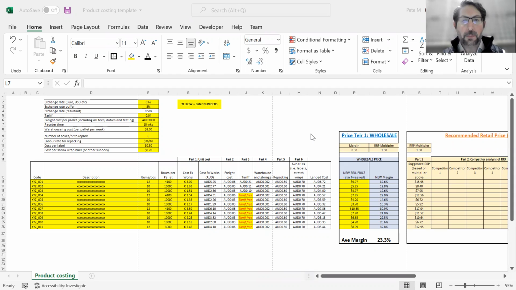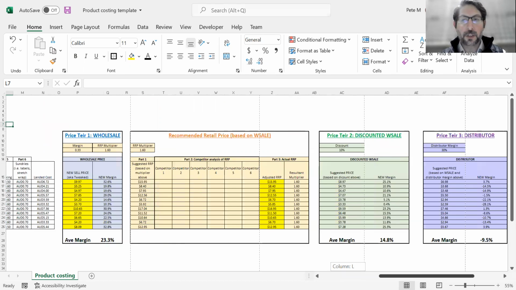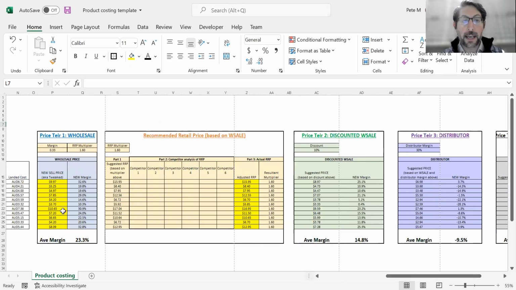So we know there's a couple of different parts of the spreadsheet. Number one is some data that will enter in at the start. Then it's divided into this section here, which is all about your landed costs. Then we go into talking about how you might price up your first tier, your wholesale cost.